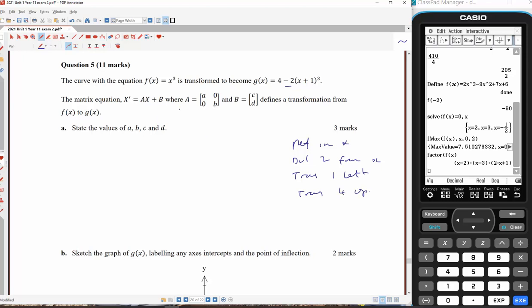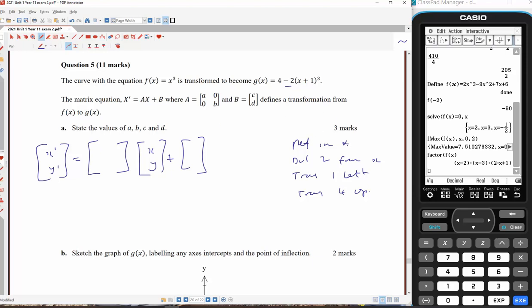Okay, so we want to put this into a matrix. Okay, so x dash y equals a matrix times x y, plus that.